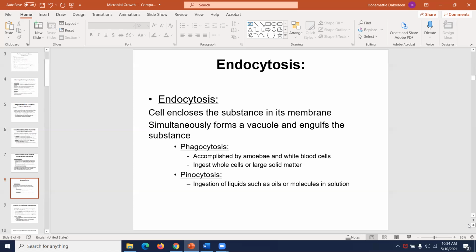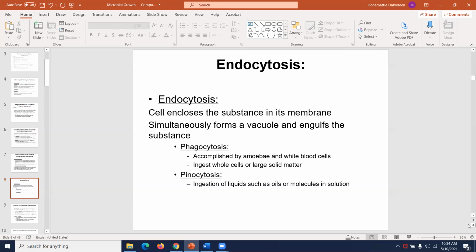Amoeba will do the same thing as a source of food. Maybe they see a yeast cell out there or some whole particle, and they will push out the pseudopods and bring it into what they create, a food vacuole or something, and then digest that.